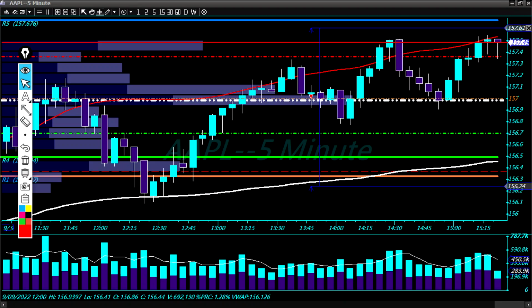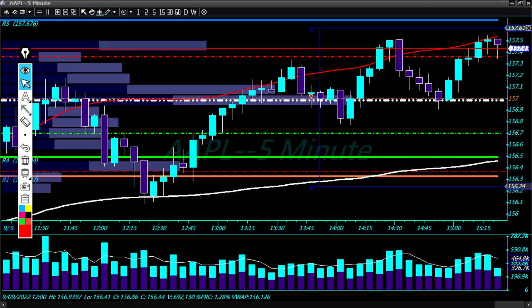We got 2 more minutes for this candle, I think. So yeah, the volume is probably gonna get up to the previous candle's level as well, because we got like 2 more minutes to go on this candle.